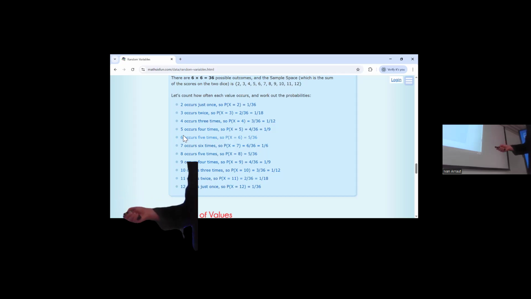Now, if I ask you, what is the probability of x equals 0? Zero. What is the probability of x equal 1? Zero also, because there is no way to obtain 1. So the probability of x equal 1 is 0.